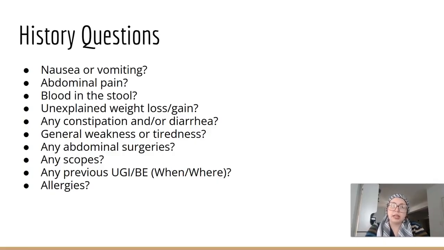Some history questions that we can ask the patient beforehand. Are you experiencing any nausea or vomiting? Any abdominal pain? If so, where? Blood in the stool? If so, what color? Is it black and tarry, or is it red?